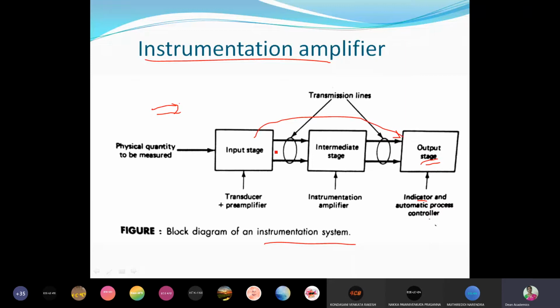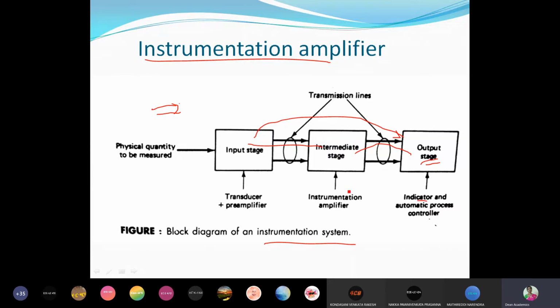Therefore, the output of the transducer is connected to an instrumentation amplifier. This instrumentation amplifier strengthens that signal, and then it is connected to the output stage. That is the importance of the instrumentation amplifier.